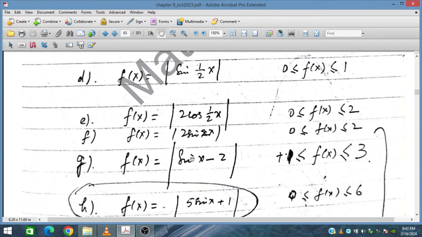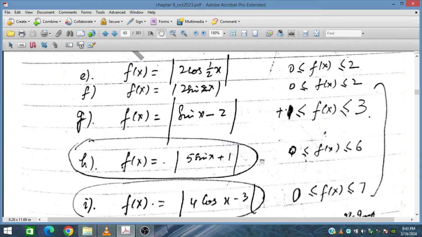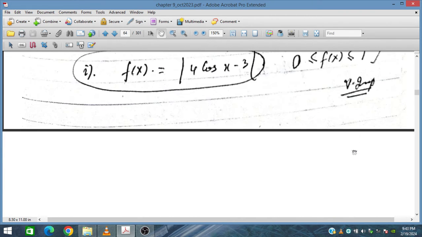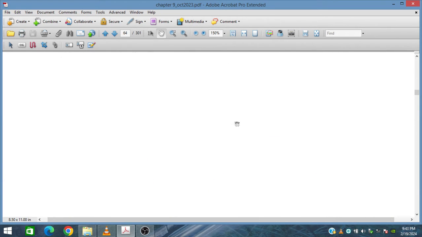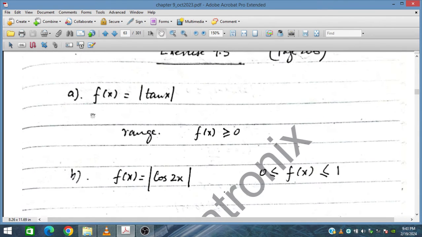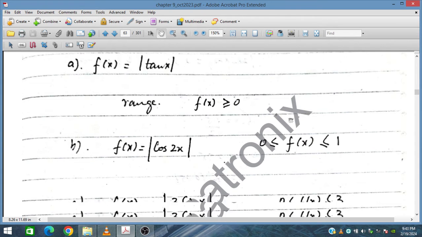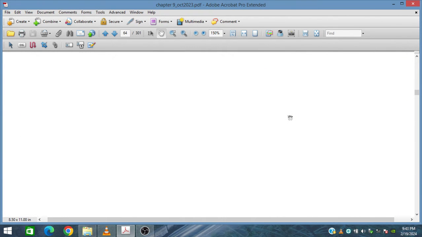For -1, this will be +3, and for 1, this will be -1, and that will appear as a 1. This is very important, and we will draw all of this using some software.